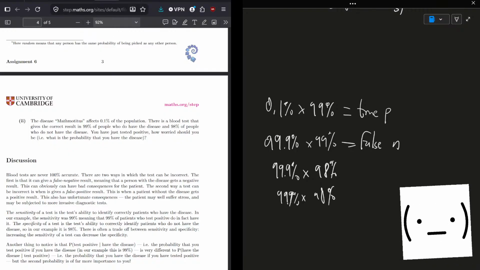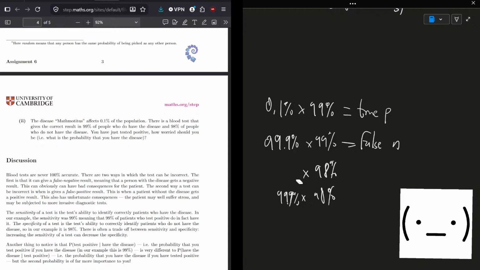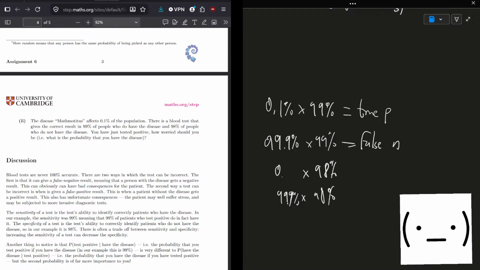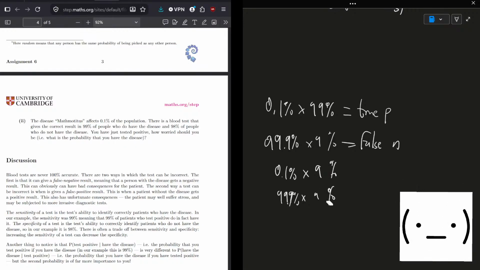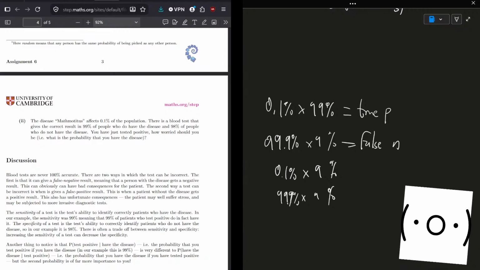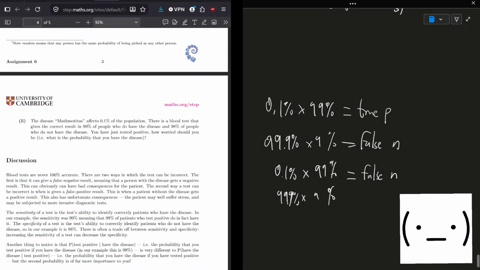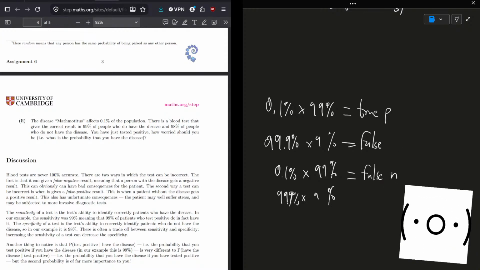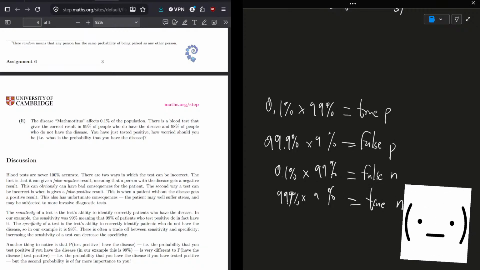And people who do have the disease, so 0.1% times 99%, these people are going to have a false negative. This, however, is going to be a false positive. This is a true negative.